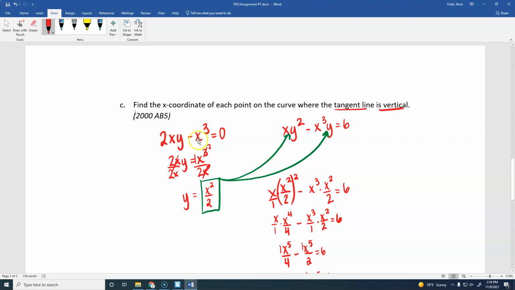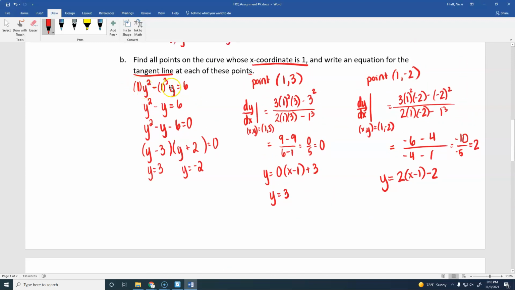This is the denominator of the derivative set equal to 0, because a vertical tangent line is going to have a 0 in the denominator. So the denominator is the piece that gives us the vertical tangent line. This is true for everything. That's why up here we plugged 1 into that original equation, because it's true for everything on this problem. Right?